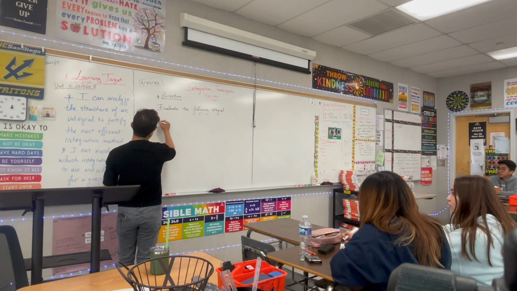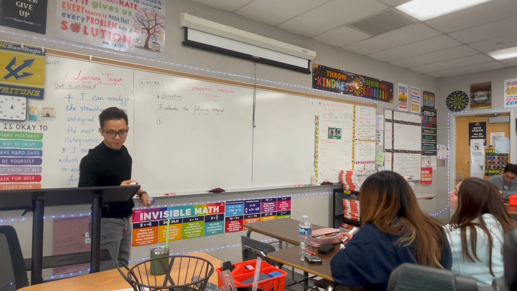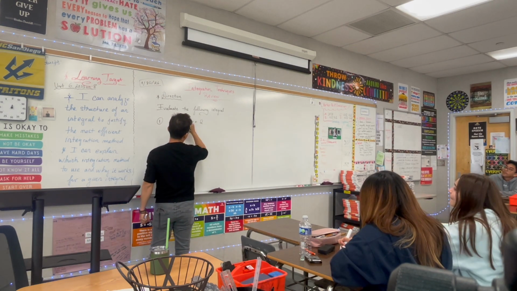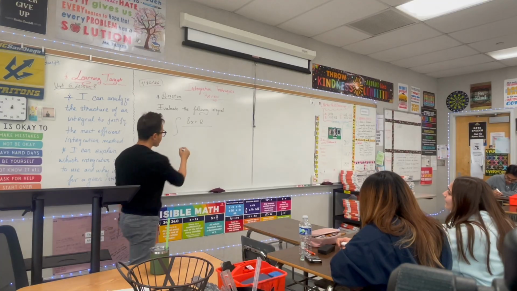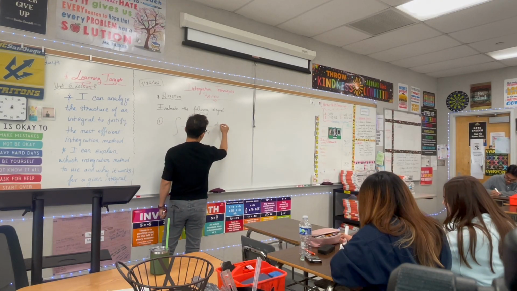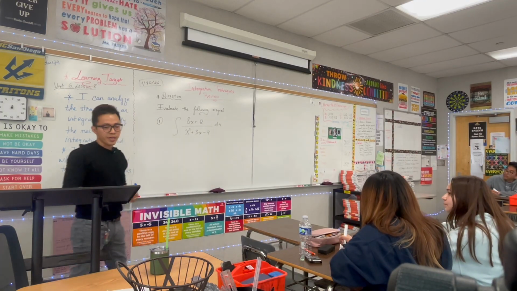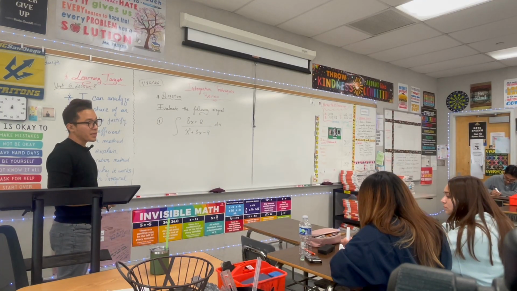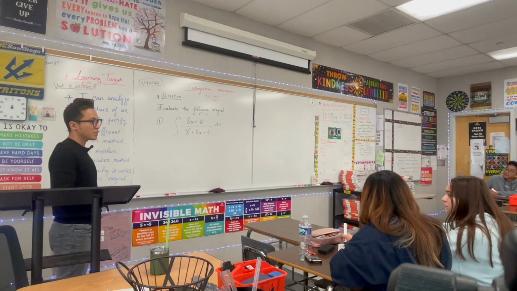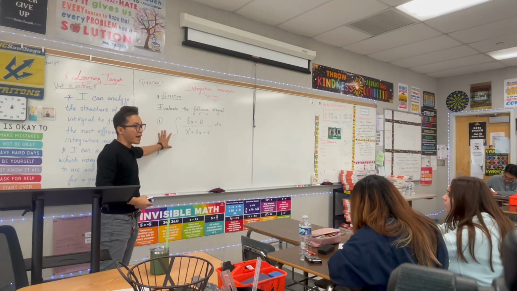All right. Let's do number 1 first. Okay, I'm going to give you 1 minute on your mini whiteboard. Don't evaluate it. I just want you to write which method you think is the best to evaluate this.